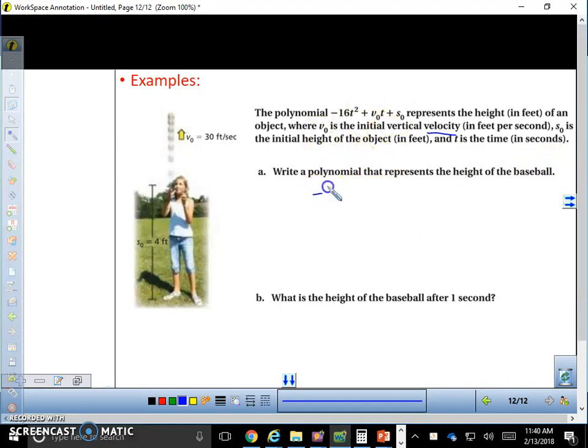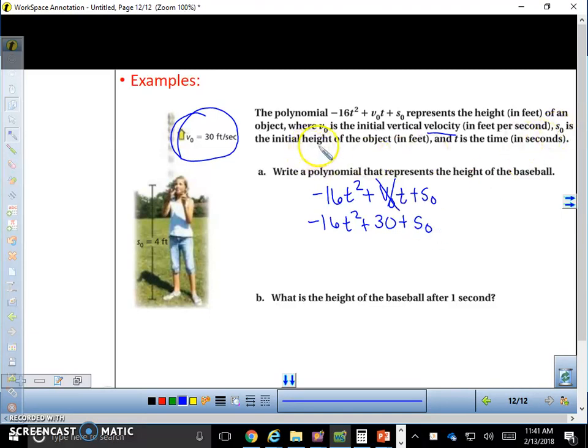Okay, so negative 16t squared plus v sub 0 times t plus s sub 0. We know that v sub 0 is 30, so I'm just going to plug that in here. Negative 16t squared plus 30t plus s sub 0.